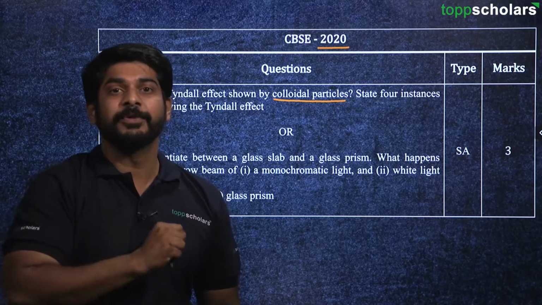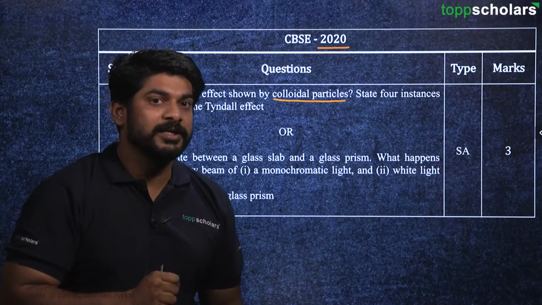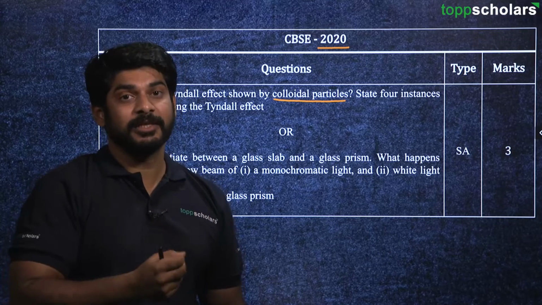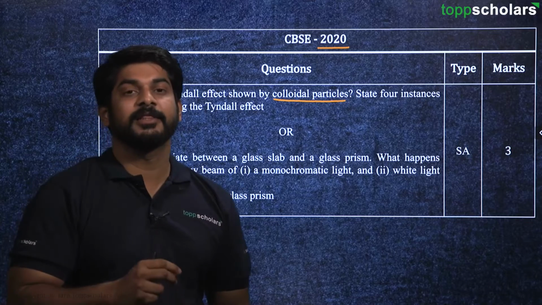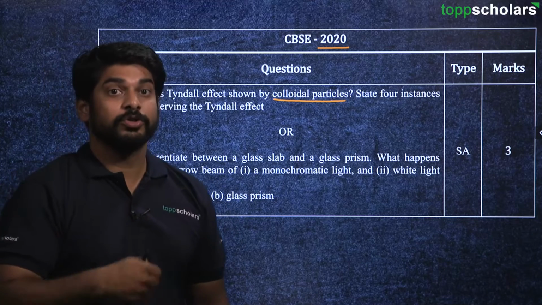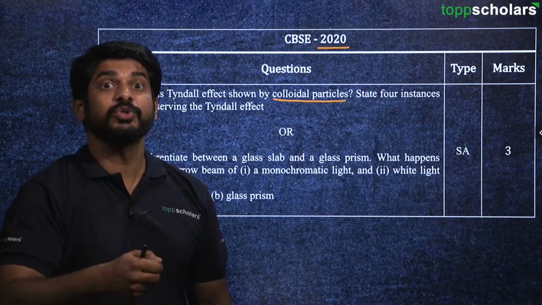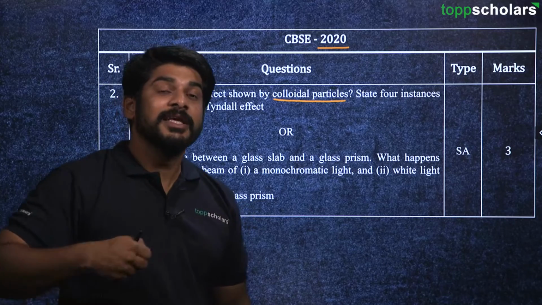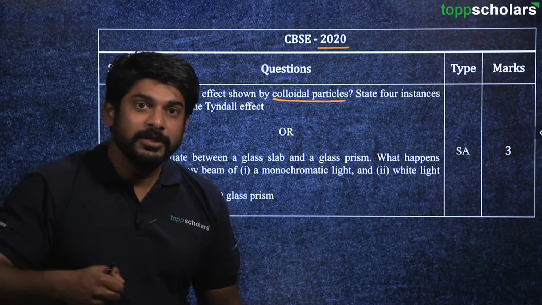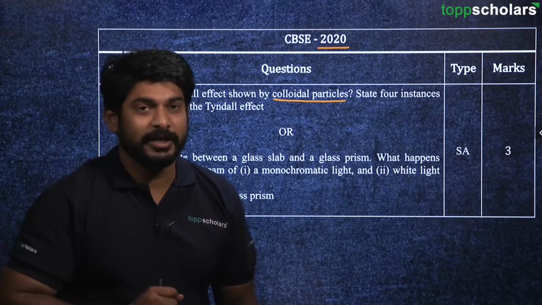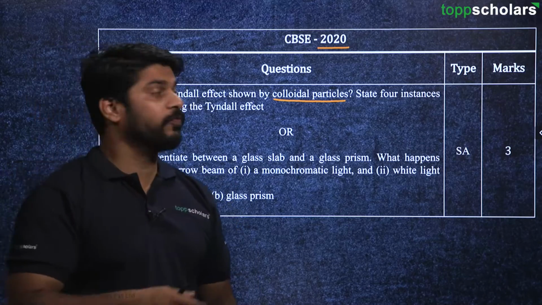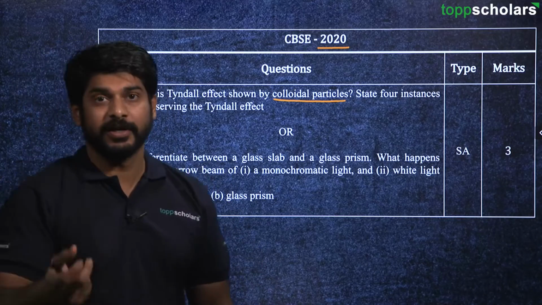This happens because those colloidal particles are able to scatter the light in all directions, and that's why the viewer or the observer will be able to see the path of the laser light that has been shined onto that particular glass. So that is one of the instances where we can see the Tyndall effect.